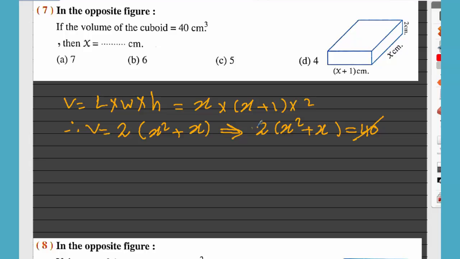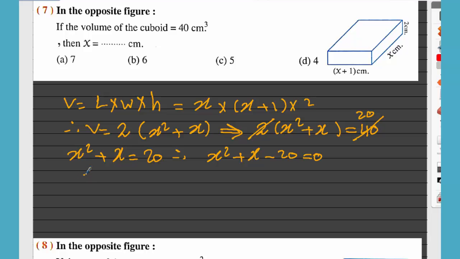Dividing both sides by 2, what do we get? Here we have 20, right? So x squared plus x equals 20. Then x squared plus x minus 20 equals 0. So we'll factorize it into two factors.